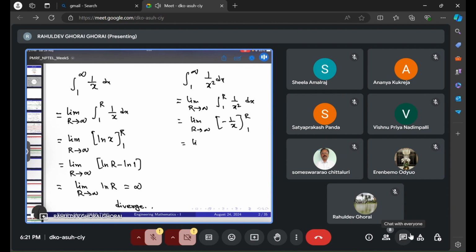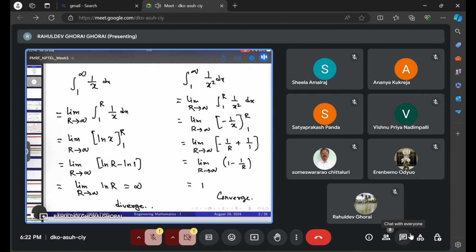So that will be limit as r tends to infinity of minus 1 by r plus 1 over 1. What is this? Limit as r tends to infinity of 1 minus 1 by r, that is nothing but 1, and it converges.